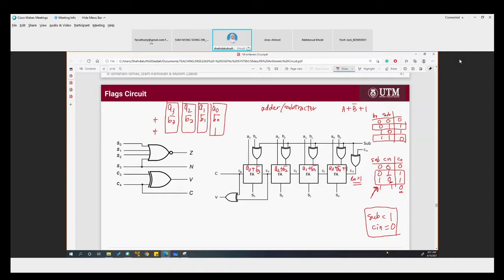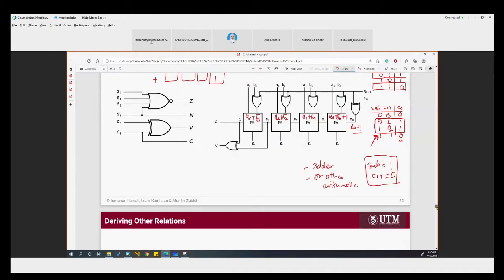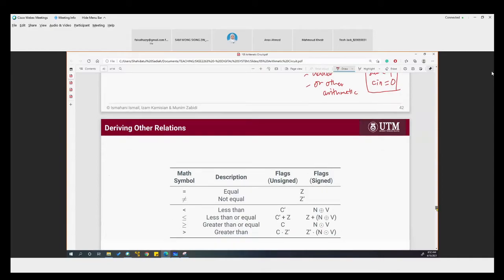So that is for this circuit. So the other condition could be added and could be another general arithmetic equation, right? Okay, done that part. That was the confusion last time.